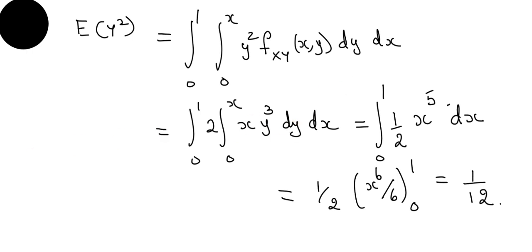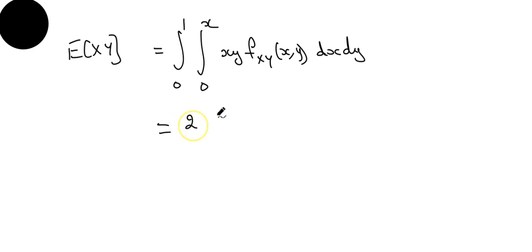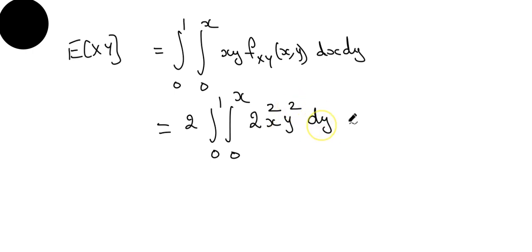Let us now find E of xy. What happens when we find E of xy? My E of xy is now given by the formula 0 to 1, 0 to x, xy, fxy of x comma y into dx dy. This is nothing but twice 0 to 1, 0 to x into 2x squared y squared, I will have dy dx.